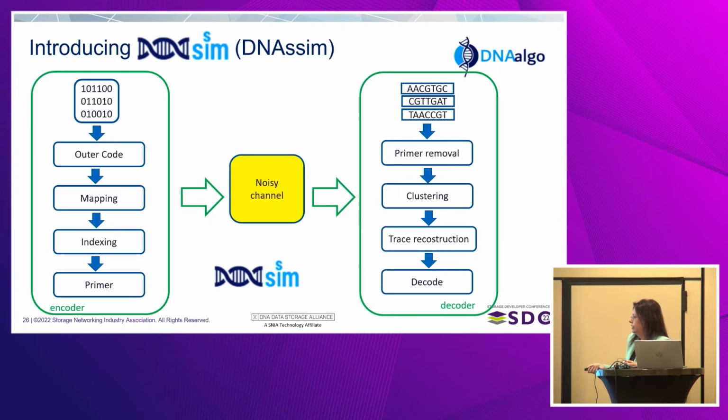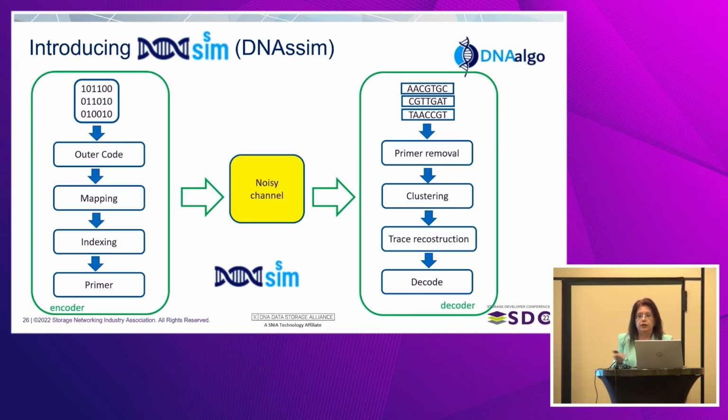At that point, we have our strands that have been written, right? We enter into the noisy channel, which is a model of the channel that I just described, a combination of PCR plus the IDS channel: insertion, deletion, and substitution. What we get here is a huge number of strands due to PCR replicas.